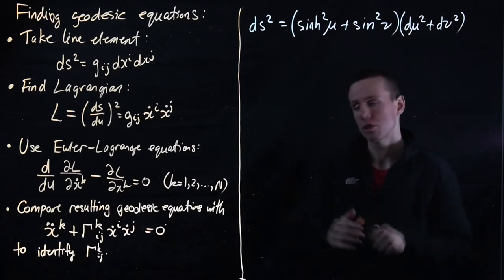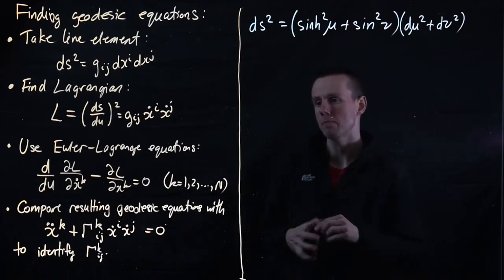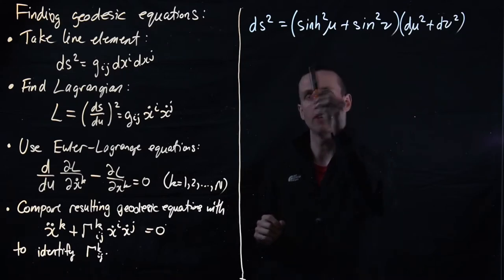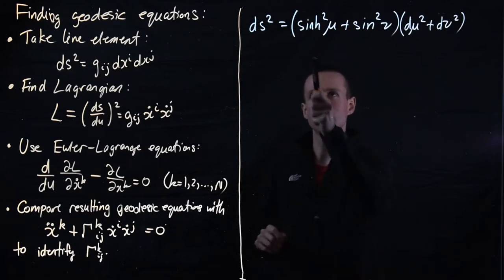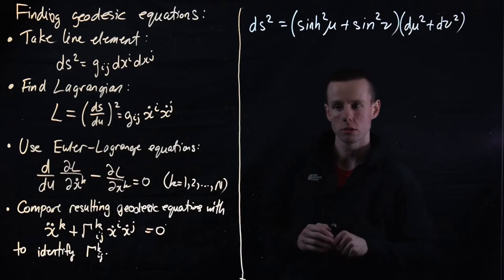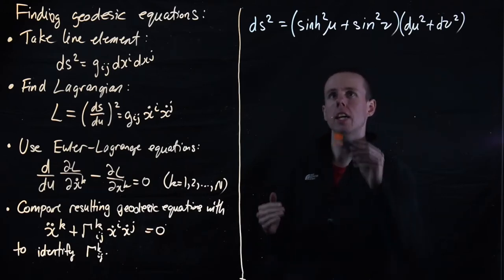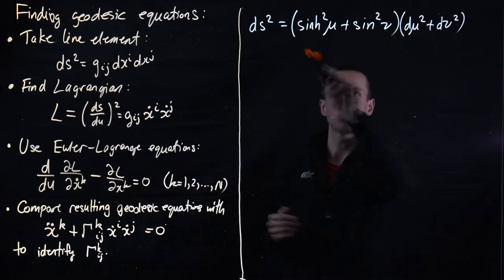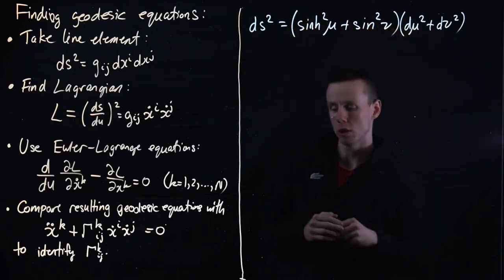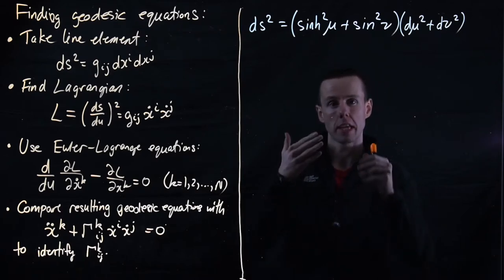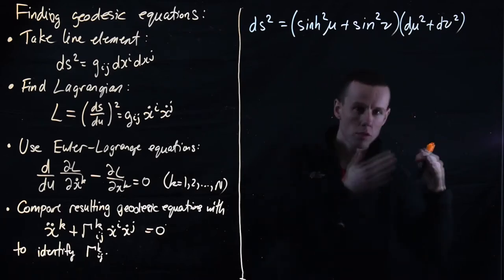So I said we're going to illustrate this now by way of example. And we're going to go back to the case of a two-dimensional space described using elliptic coordinates. A couple of videos ago I already showed how to find some Christoffel symbols in these coordinates using the formula with the metric tensor and the derivatives of the metric tensor.